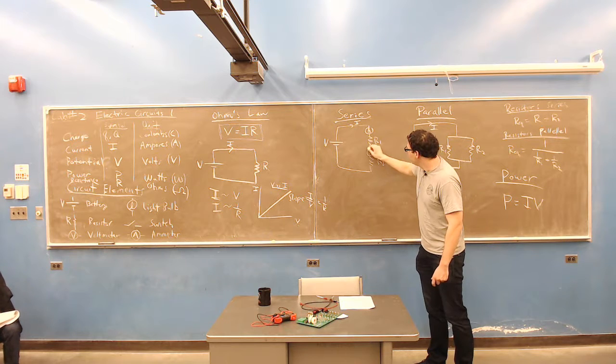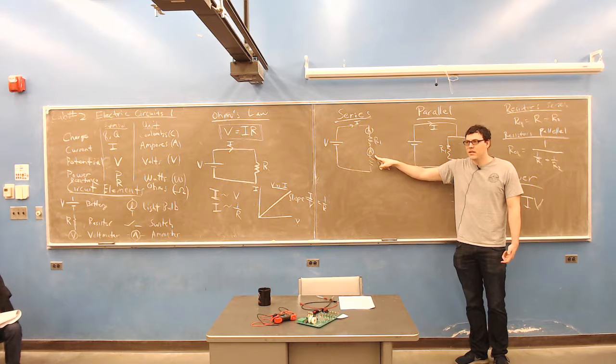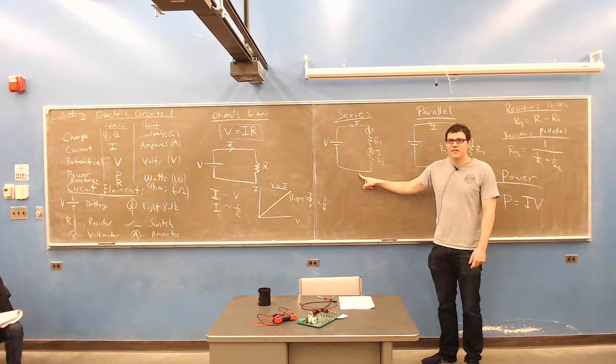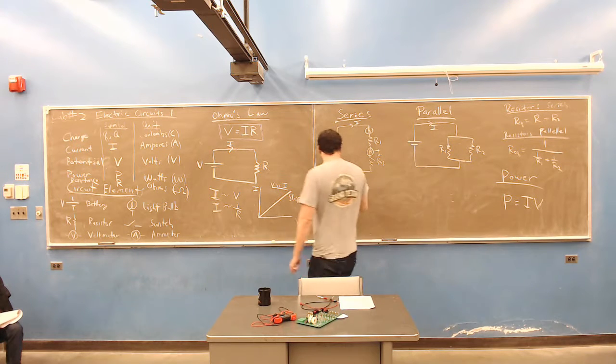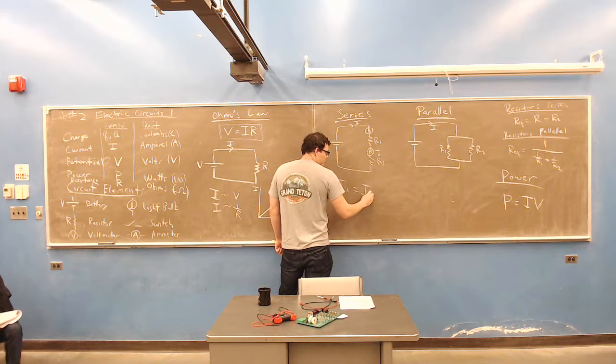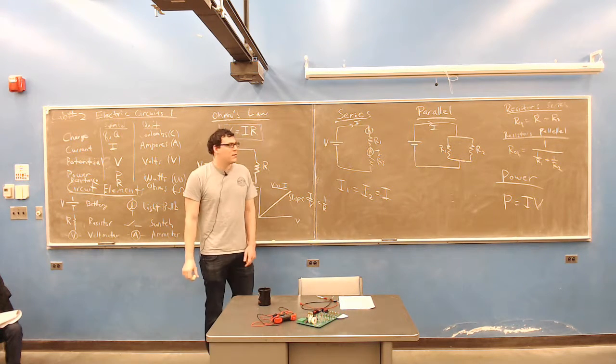What about over here? If I put the ammeter over here, what's it going to read? Same thing, I. And if I put it over here, what's it going to read? The same thing. So what does that mean? That means that I1 is equal to I, which is also I2 is equal to I. So they're all equal.